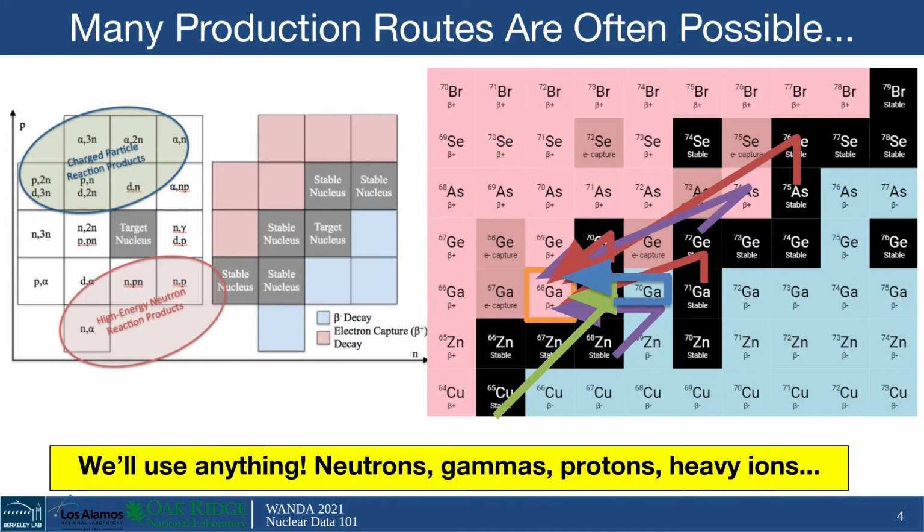One other particular challenge faced in isotope production is the fact that very often there are many potential production routes that can be used to produce the radionuclide in question. And so we've got a number of tools at our disposal to be able to work with this.